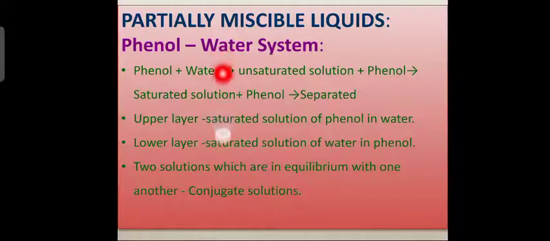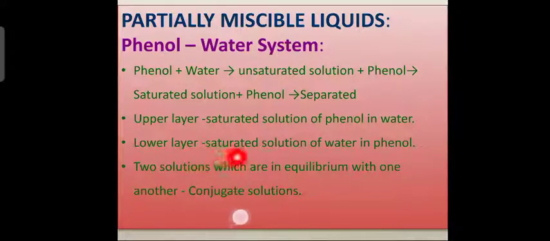The upper layer is the saturated solution of phenol in water, and the lower layer is the saturated solution of water in phenol. In the lower layer phenol is the solvent, so it forms a denser layer and sinks to the bottom, whereas in the upper layer water is the solvent.